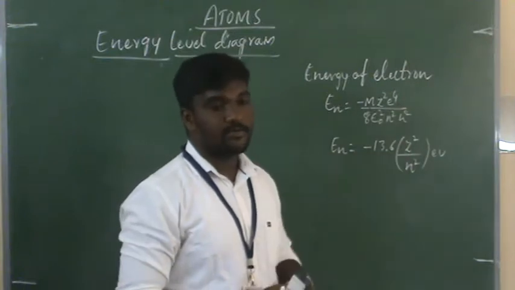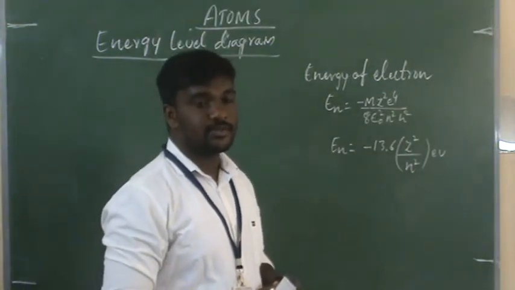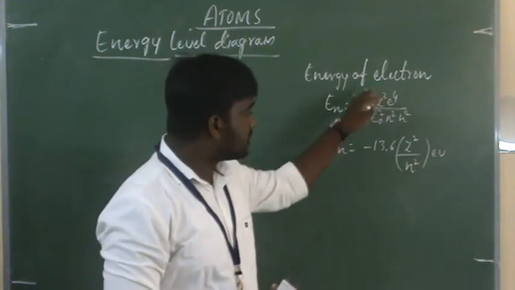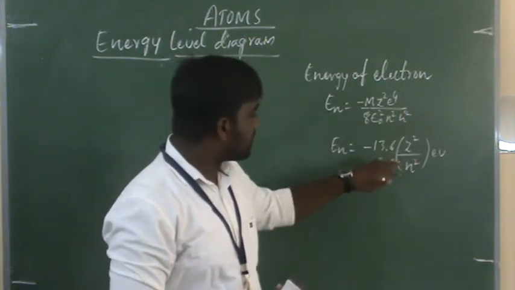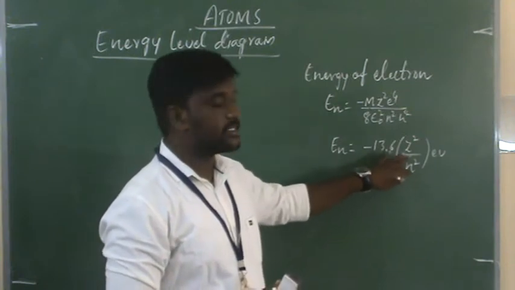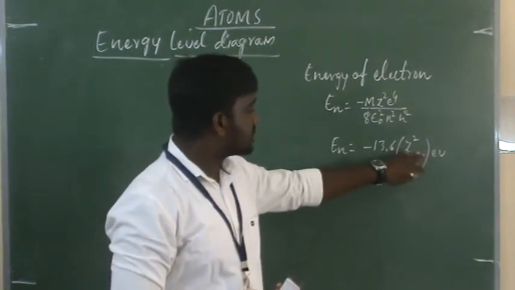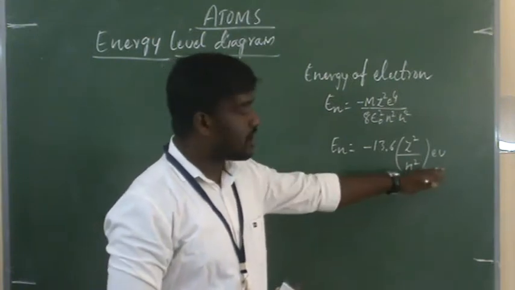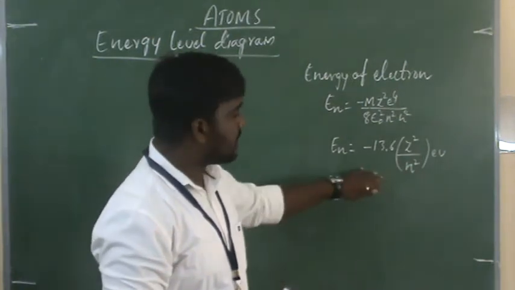The Planck's constant value is 6.626 into 10 to the power of minus 34. When we substitute all those values, we get minus 13.6 into z square divided by n square electron volt.